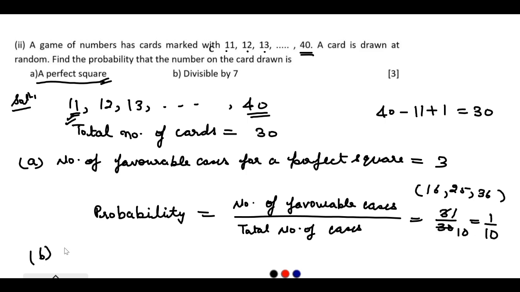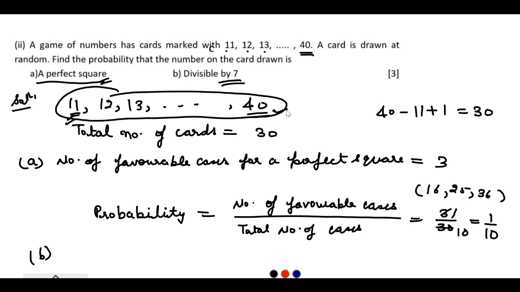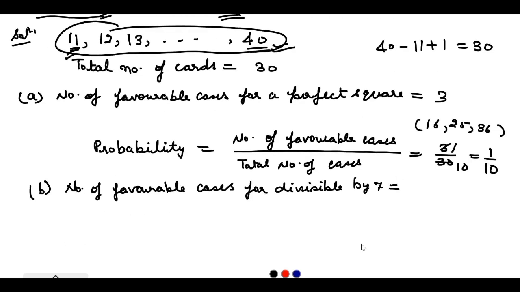Now second part, divisible by 7. Then select numbers from this series divisible by 7. That will be the number of favorable cases. First number divisible by 7 among these numbers is 14.